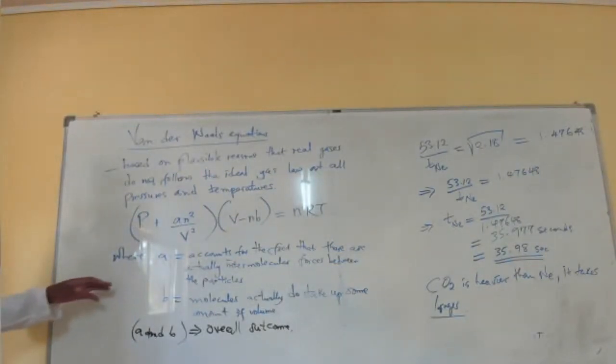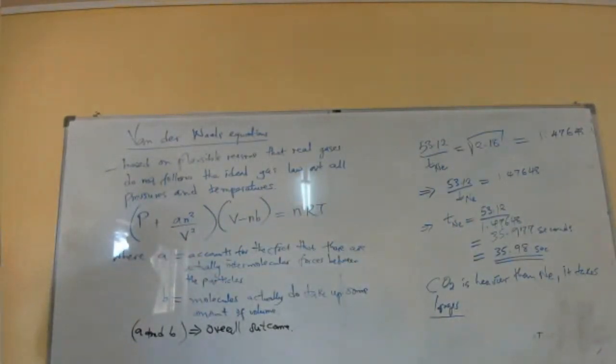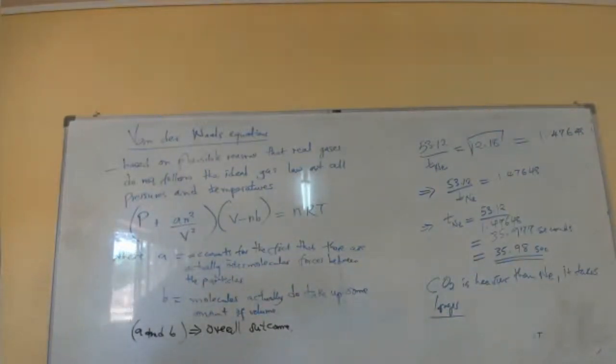But that is not the case, like we are saying. So this is to account for the volume change, and also to account for the fact that these molecules actually do attract. So if they are repelling, they are going to affect the volume. If they are attracting, still more, they are going to affect the volume.